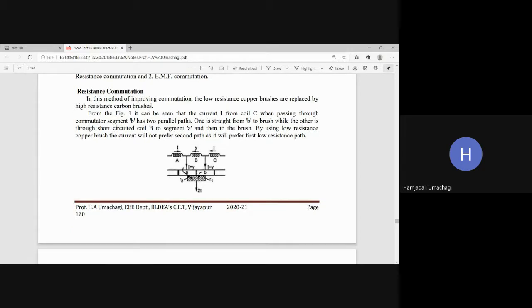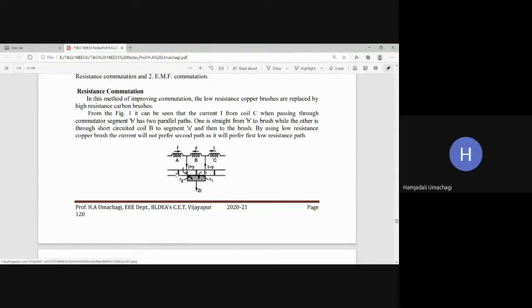In this method of improving commutation, the low resistance copper brushes are replaced by high resistance carbon brushes. In the previous class, I told you that brushes are made of some copper-like material. Now, if I compare materials like copper and carbon, which material will have high resistance, copper or carbon?